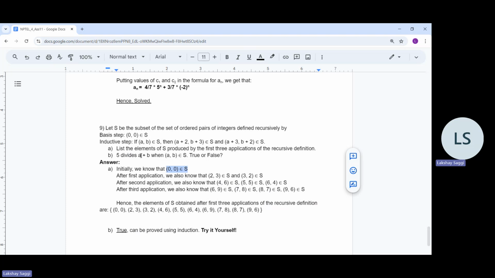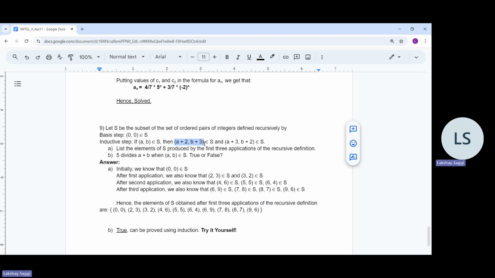The high level idea is: suppose (A, B) belongs to S in the nth iteration, then we know that 5 divides A plus B. Then in the n plus 1th iteration, you will arrive at the terms (A plus 2, B plus 3), and the sum here would be A plus B plus 5. Since A plus B was already divisible by 5, A plus B plus 5 will also be divisible by 5.